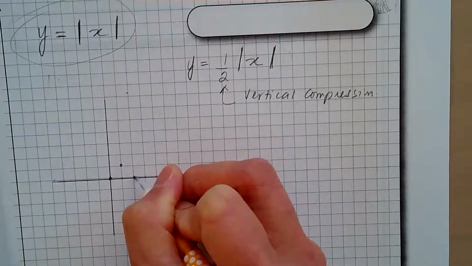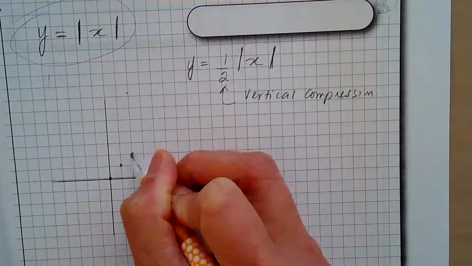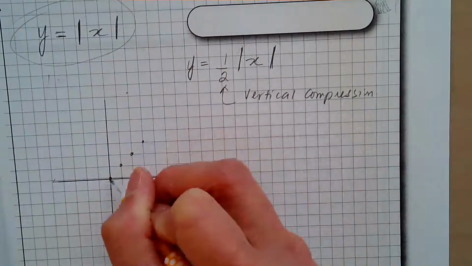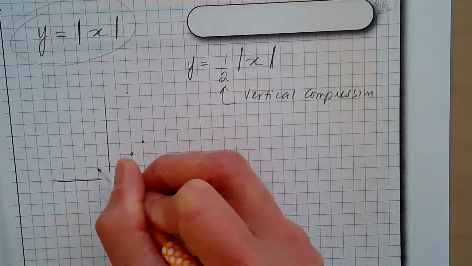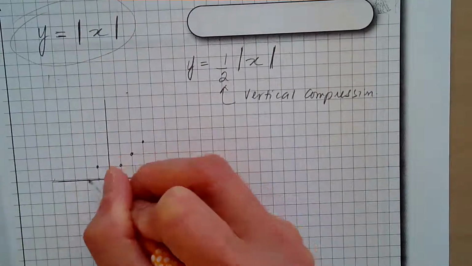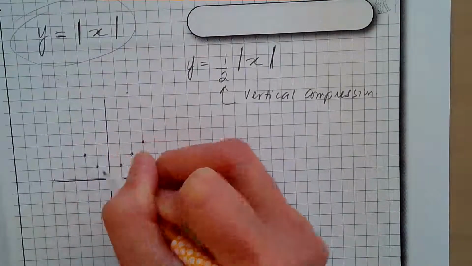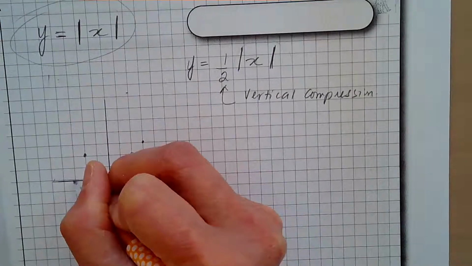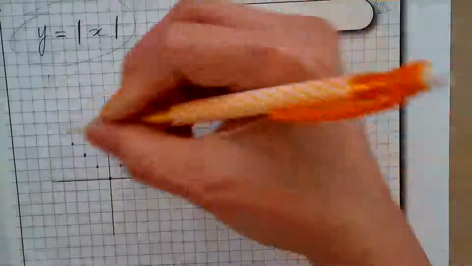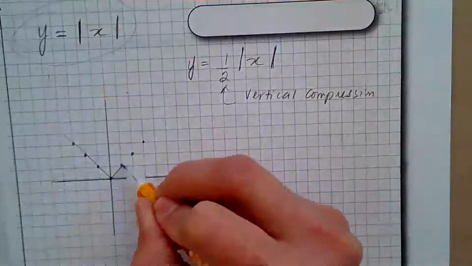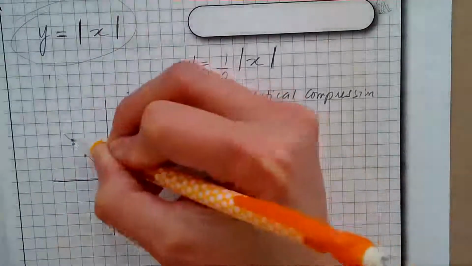Absolute value of 2 is? Absolute value of 3 is? Absolute value of -1 is 1. Very nice. Absolute value of -2 is 2. Absolute value of -3 is 3. And you've seen this before, right? In your book. The V shape.